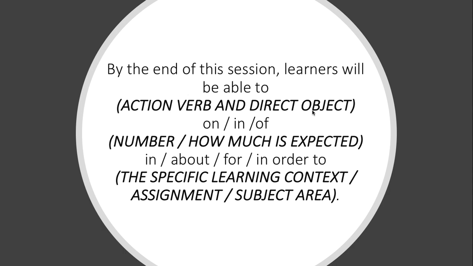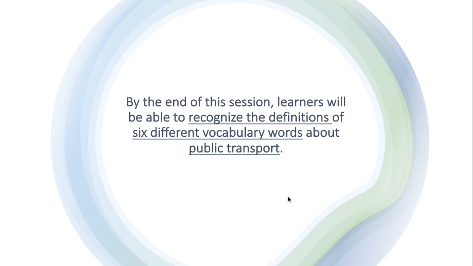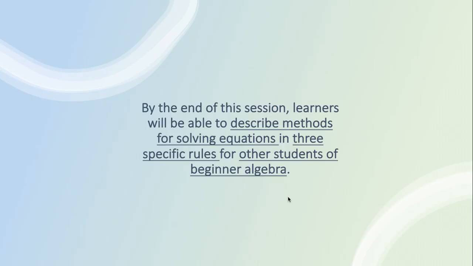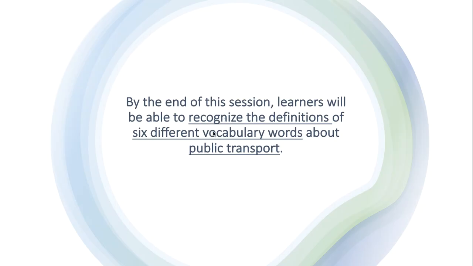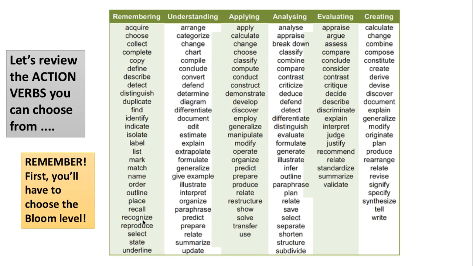Recognize vocabulary words. How many? 6. In what context? About public transport. Okay. And let's just look at the Bloom level. What is recognize? So that falls under remembering, one of the lower order skills.